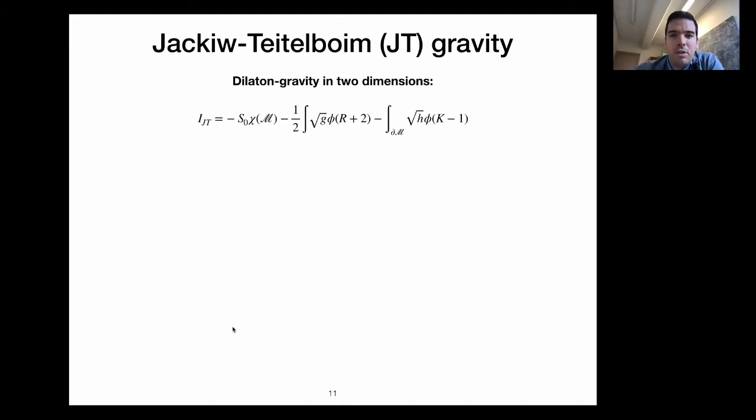Okay, so the theory in which we will do the calculation is Jackiw-Teitelboim gravity, which is a gravity theory in 2 dimensions. So it has gravity and also a dilaton degree of freedom, this phi. So this is the action. There's a topological term, there's an Einstein-Hilbert term coupled to the dilaton, and then there's a boundary term so that we can do holography.